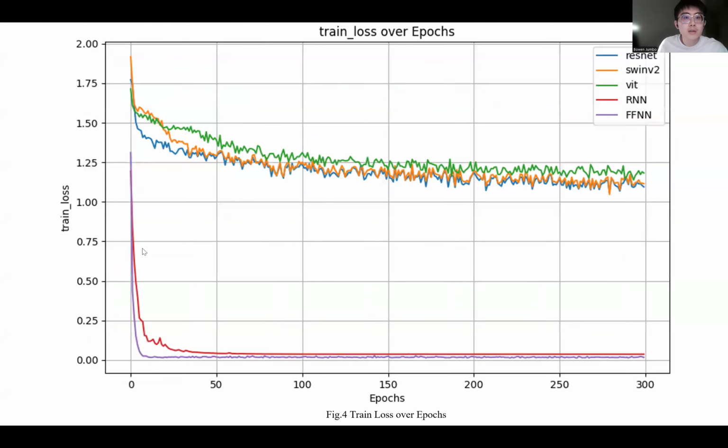Let's move on. Okay, this slide shows the training loss values. We can observe that the training loss of the feed-forward neural network is the smallest compared to the other algorithms. Let's move on.